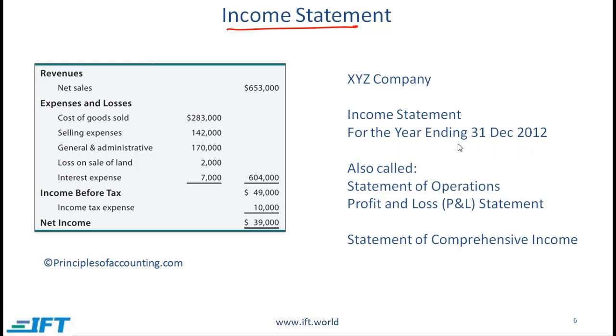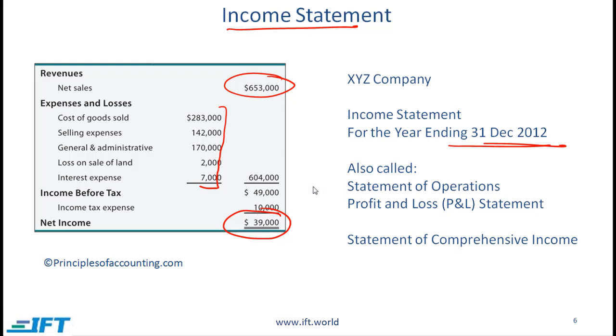In this particular case, we are considering the year ending 31st December 2012. So this is the income statement for the entire 2012. We have a revenue number, which is the total money that came in. We subtract the expenses, then subtract taxes, and end up with the net income.